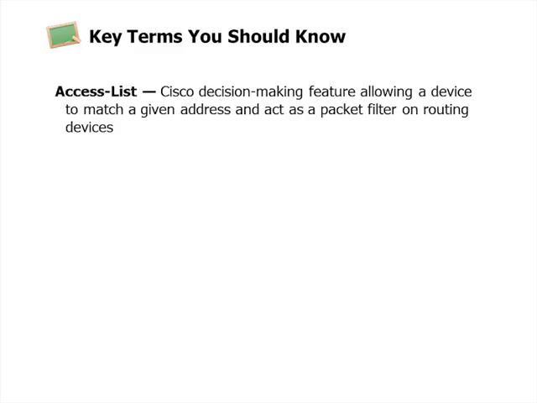Now to wrap up our discussion on access lists, let's just go over some critically important terms that you need to know with relation to this introductory section on access lists. First, the term access list, which is a Cisco decision-making feature or structure allowing a device to match a given address and act as a packet filter on routing devices. We've talked about that at length.